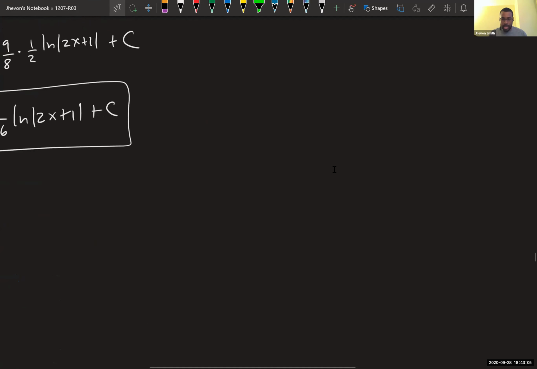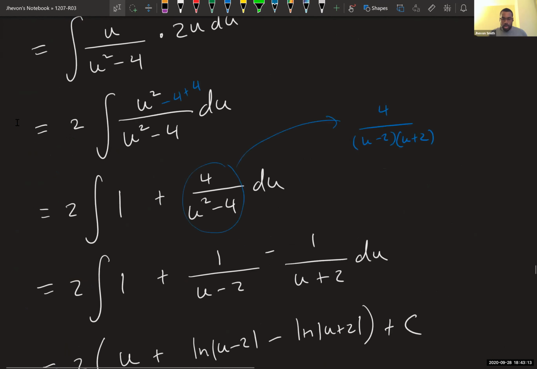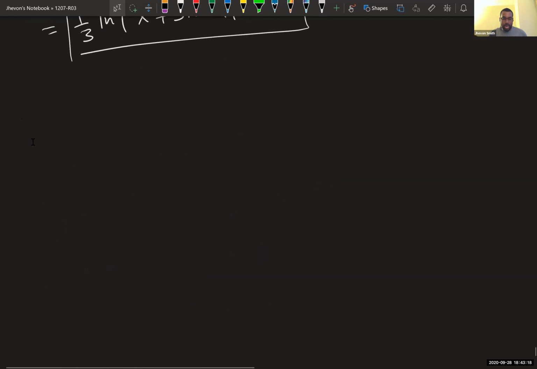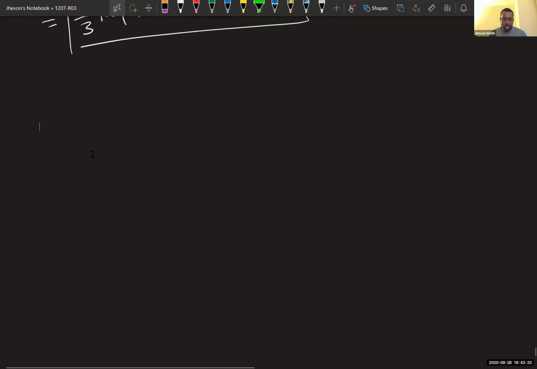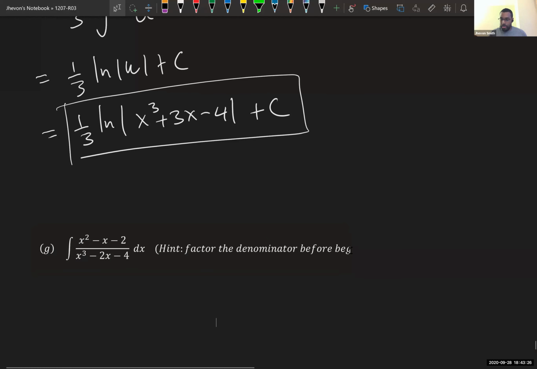Nothing fancy. This one though did require something like what was suggested before. Now, it is worth mentioning that if you did go along and factor the denominator, your answer would look like a bunch of ln's, but you can actually combine these into one big ln.